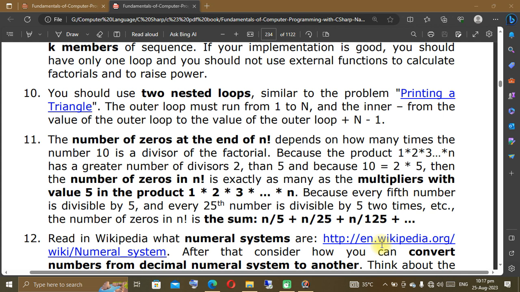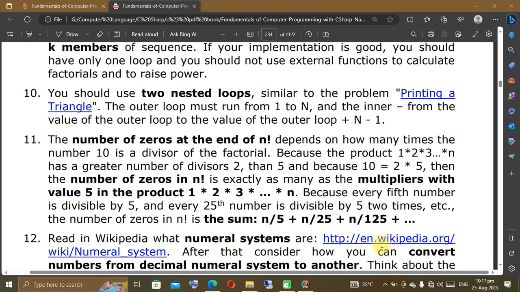Because the product 1, 2, 3 up to n has a greater number of divisors 2 than 5, and because 10 is equal to 2 times 5, the number of zeros in n factorial is exactly as many as the multipliers with value 5 in the product 1, 2, 3, and so on, because every fifth number is divisible by 5 and every 25th number is divisible by 5 two times, etc.